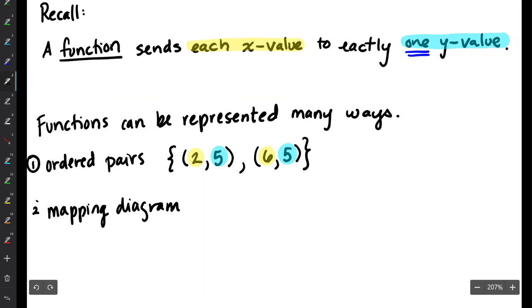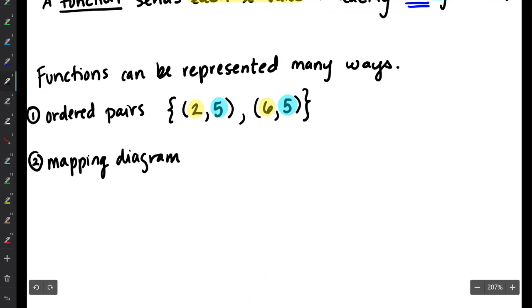How about we just number these? So for an example, here's your domain. We'll just use that same function. Here's my range.